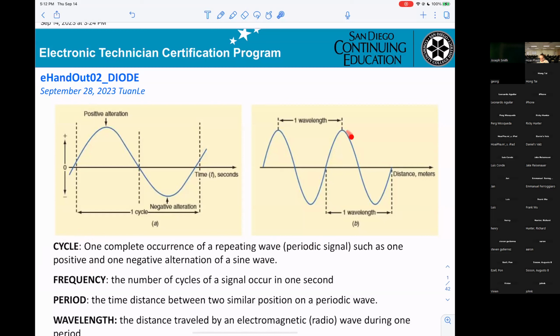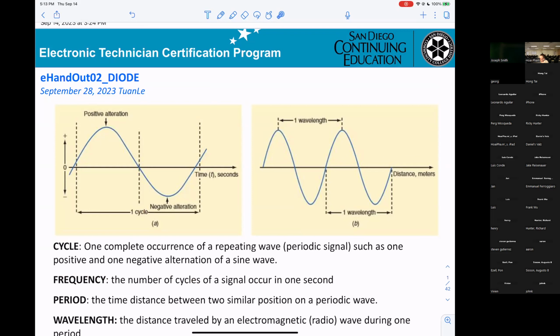And they keep running forever. Okay? And what is the frequency? The number of cycles of a signal that occur in 1 second. That means from here to here, that's 1 cycle, and that will be 1 second.